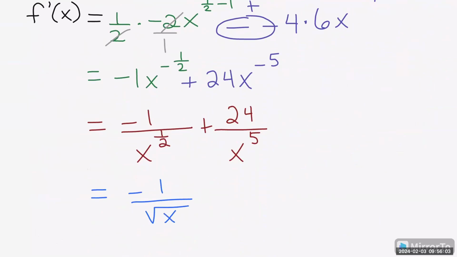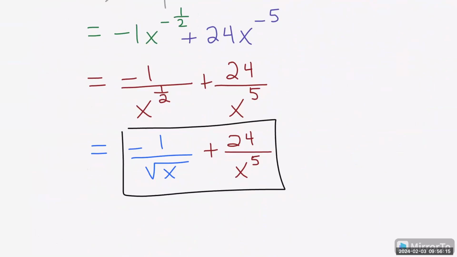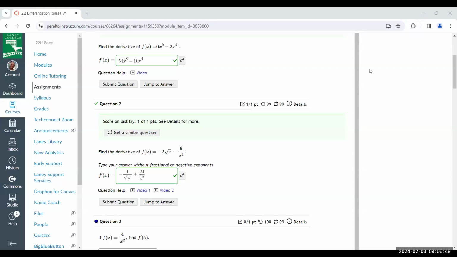And then we can just bring the other part down because that one doesn't have anything involving a fraction. So we're done. This is our answer. I'm going to go ahead and type it in, see if it's correct. I entered it and it was correct. So I'm happy, happy, happy.